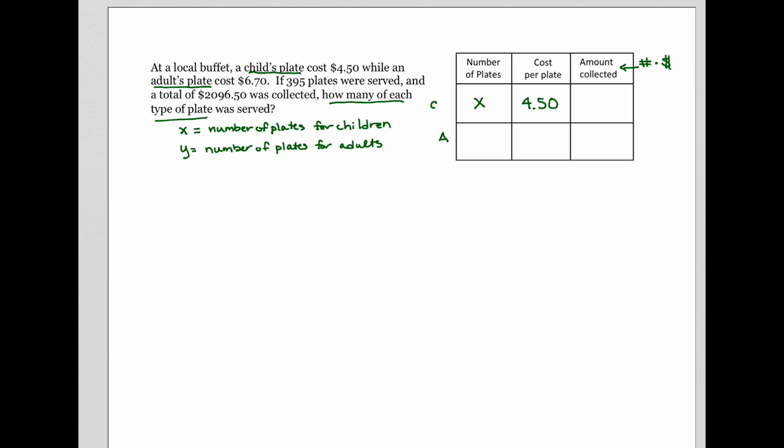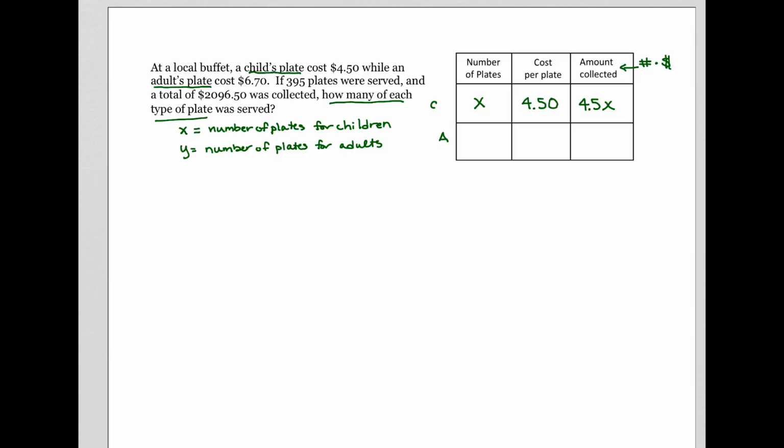And so that means the amount collected is x times $4.50, or if you like, I'm going to write it as 4.5x. That's the cost times the number of plates. That represents the amount collected from the children's plates.